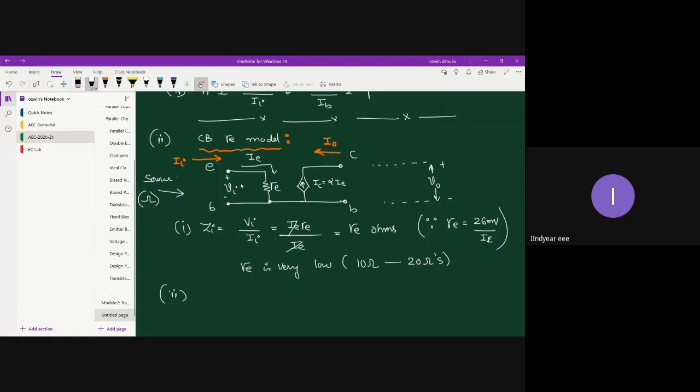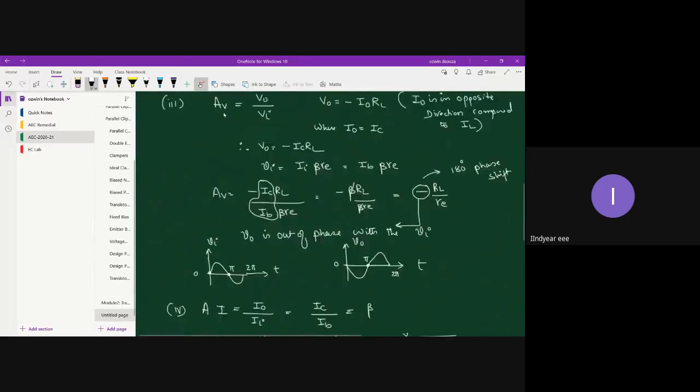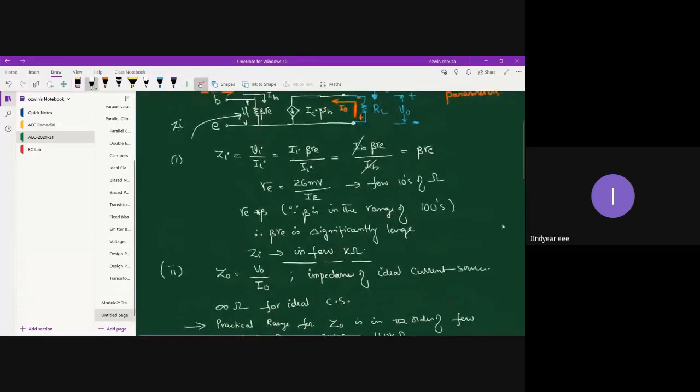On the other hand, in the common emitter configuration, suppose your source has a few ohms of impedance, and you have seen that the common emitter configuration has an input impedance in the range of kilo ohms.